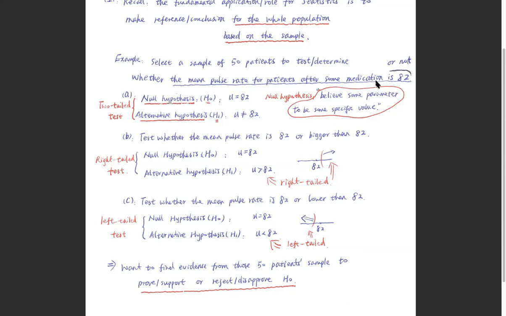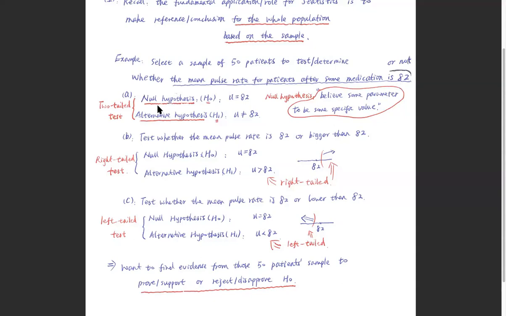After the medication, is that 82 or not? So that's the statement here, right? So those 50 patients, they are using the medicine. So after the medication, they want to see the average rate, right? Is that 82 or not, right? So that's the statement here, including both sides.